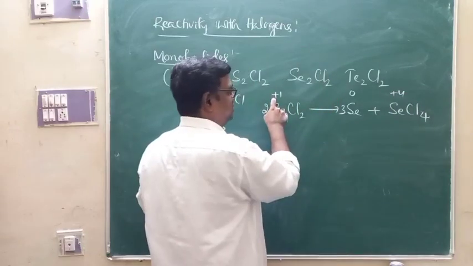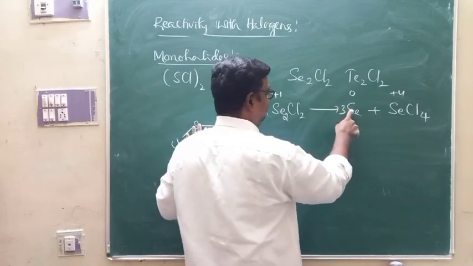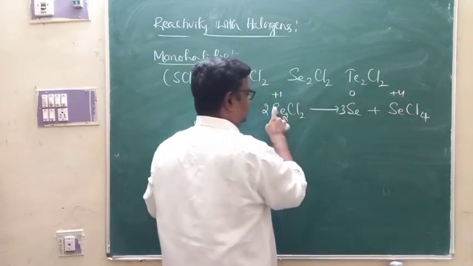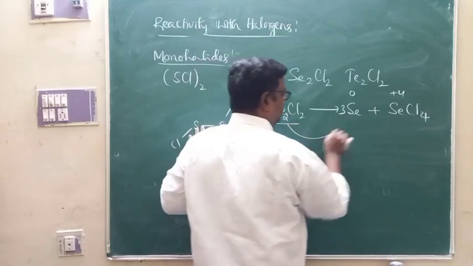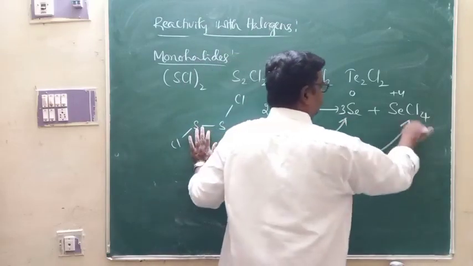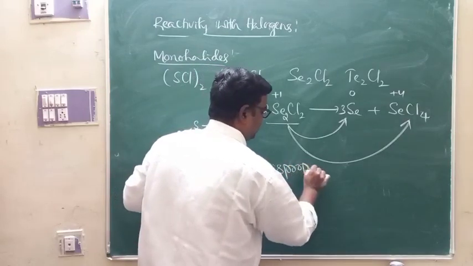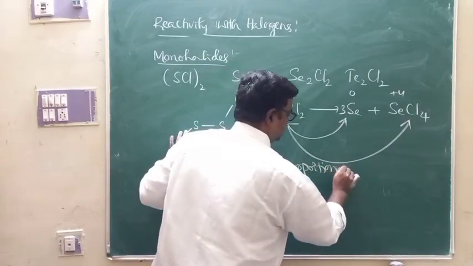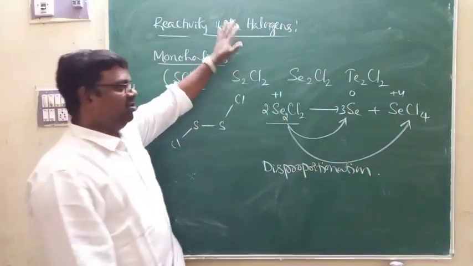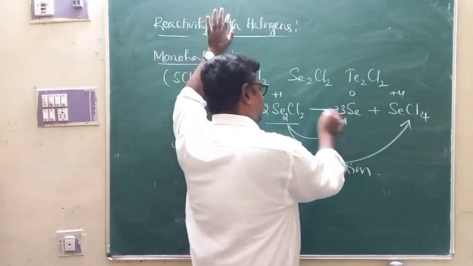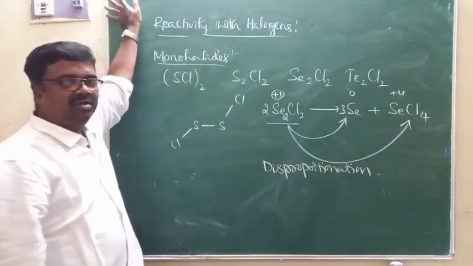Look here, plus 1 becomes 0, means Se2Cl2 undergoes reduction, plus 1 becomes plus 4, that means Se2Cl2 undergoes oxidation. Same substance undergoes reduction as well as oxidation, and the reaction is called as disproportionation reaction. That is, monohalides undergo disproportionation reactions when they are in the form of dimers. So this is what we call it as monohalides.